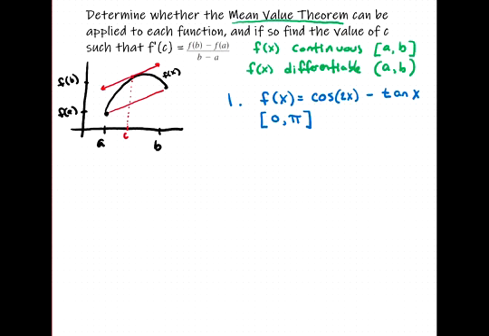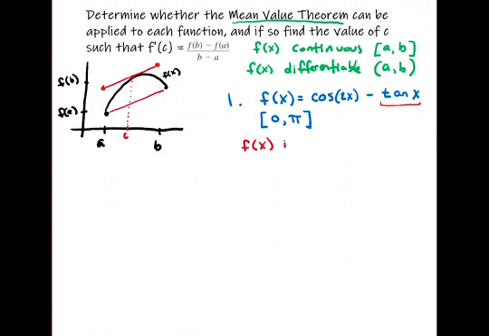Well, can we apply the mean value theorem? In this case, we cannot, because of the tangent being part of f of x. So f of x has a vertical asymptote at pi over 2 because the tangent function has a vertical asymptote at pi over 2.